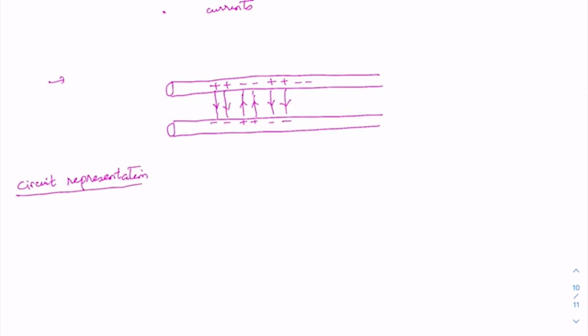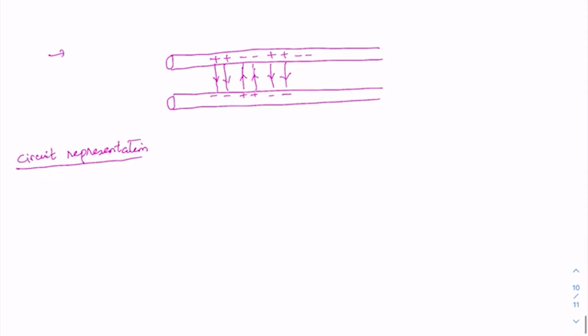In fact it will turn out later on, you will see that this circuit representation or the circuit model is actually exact in the limit of sufficiently long wavelength or small frequency.